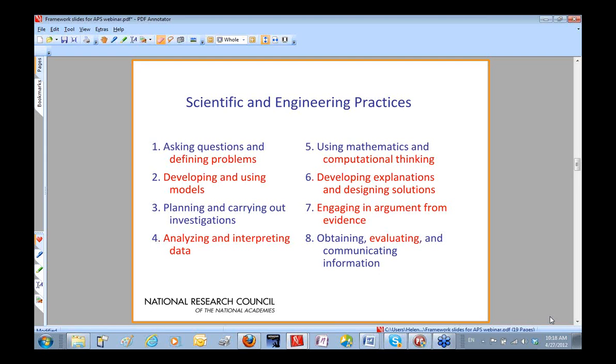Number two, developing and using models, is one I stress a lot. If you're a high school physics teacher who takes a model-based approach, you're very well aware of this. However, if you're a biology teacher or, say, a second grade teacher, being aware of this as a core science practice matters.